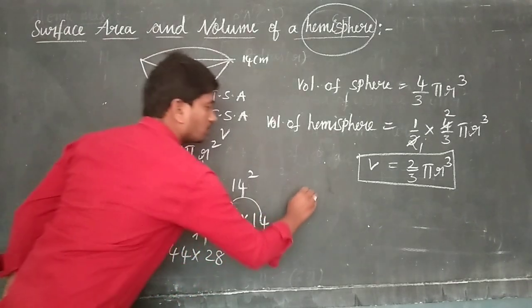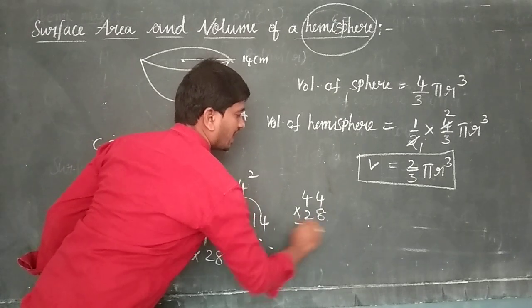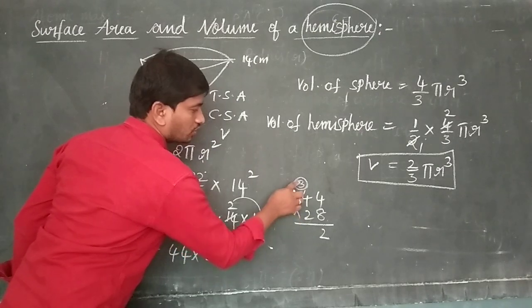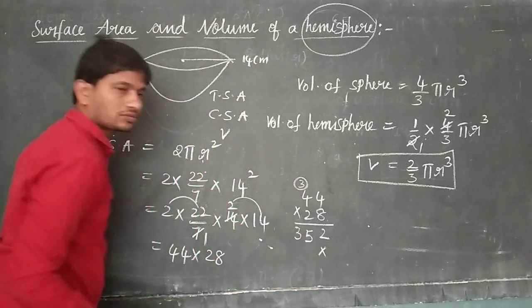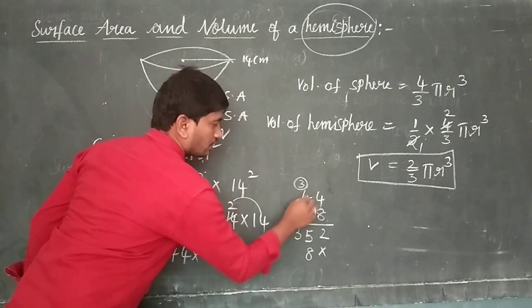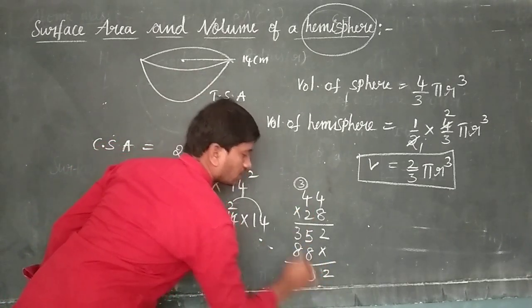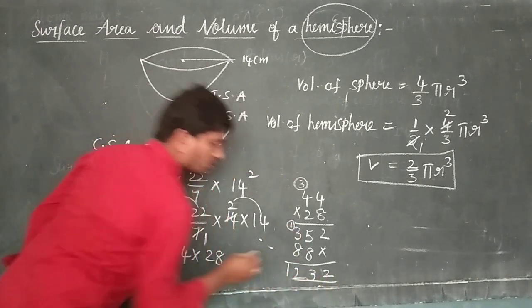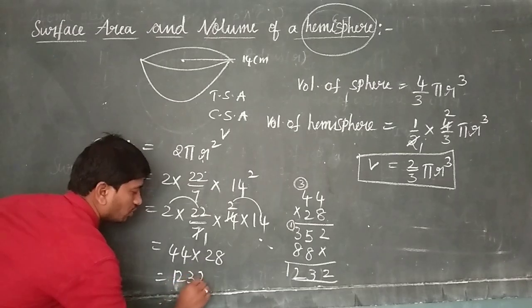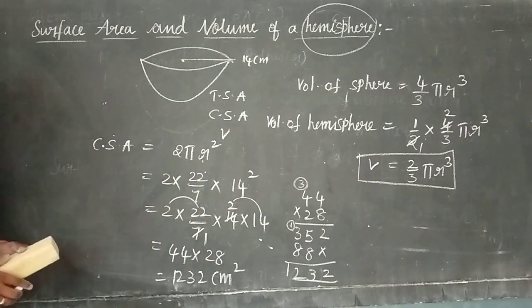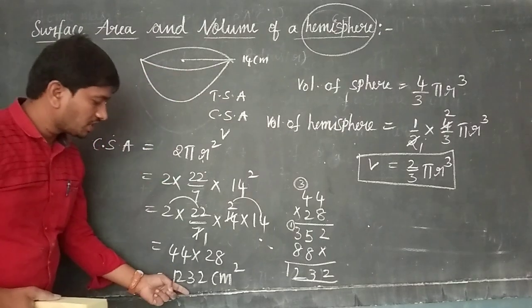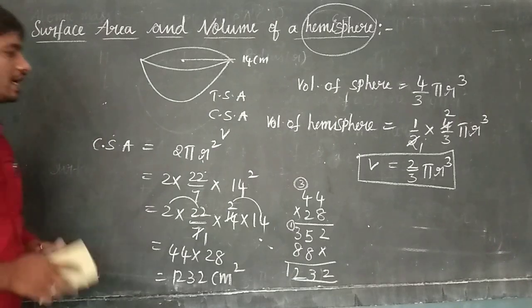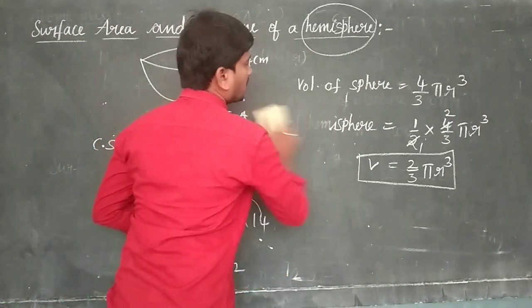Now multiply 44 into 28, which is equal to 1232 centimeter square. So the CSA of the hemisphere is 1232 centimeter square.